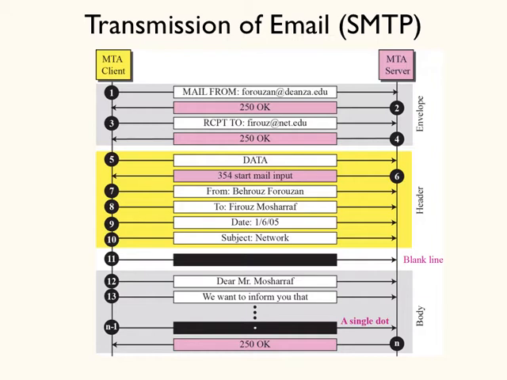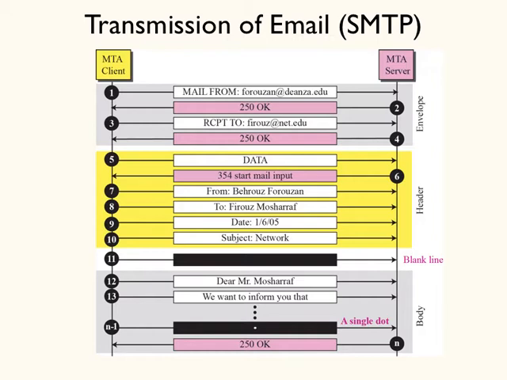It will send MAIL FROM this email address, meaning that for the rest of the session, I'm going to send an email from this mail address, and the server will just return 250 OK. It's kind of like 200 OK in HTTP, which means I have received the first line. Then the client will send the second line, which is the recipient, and also gets OK.